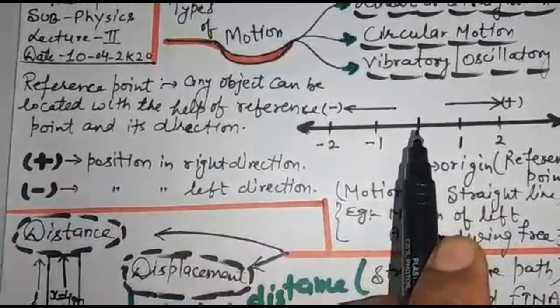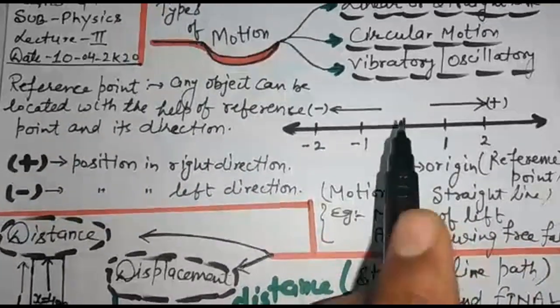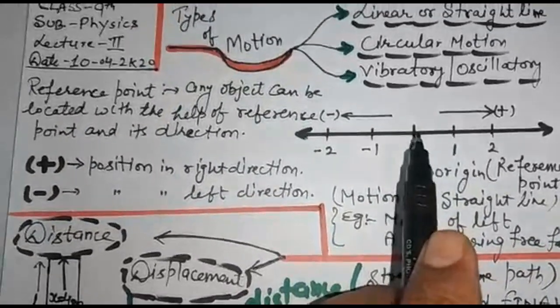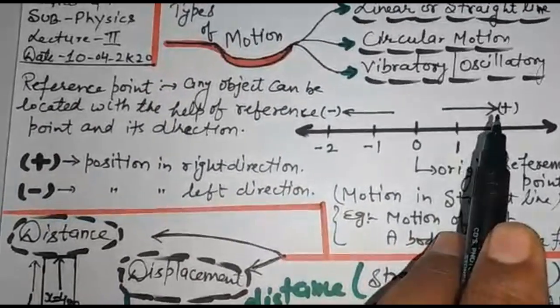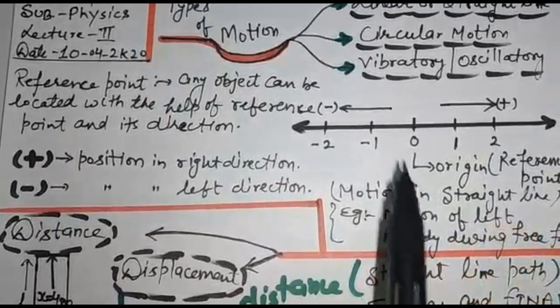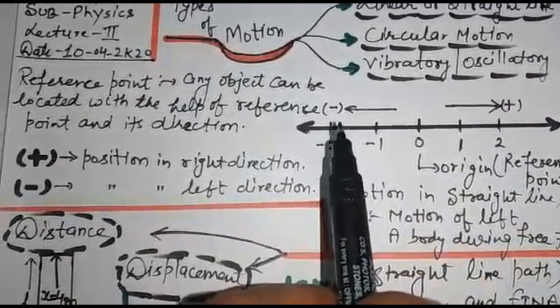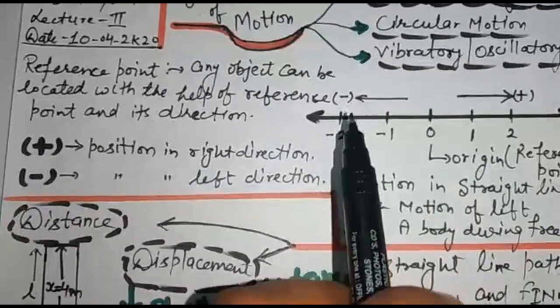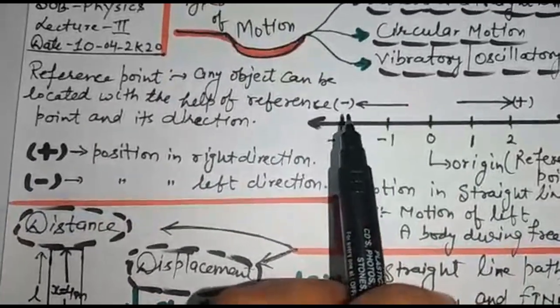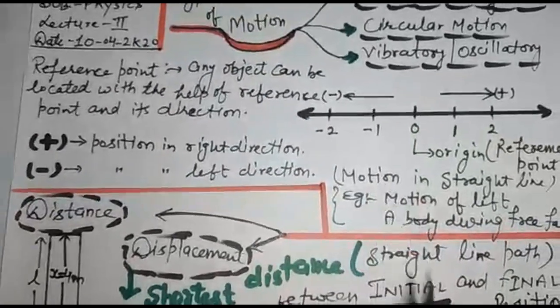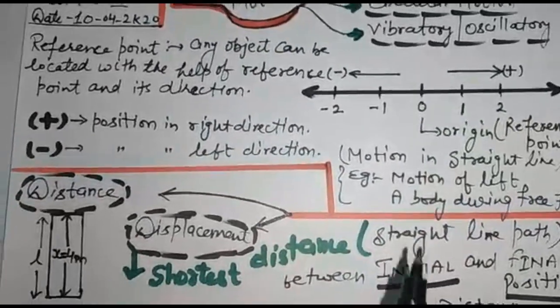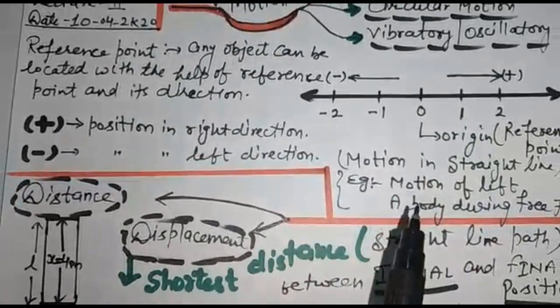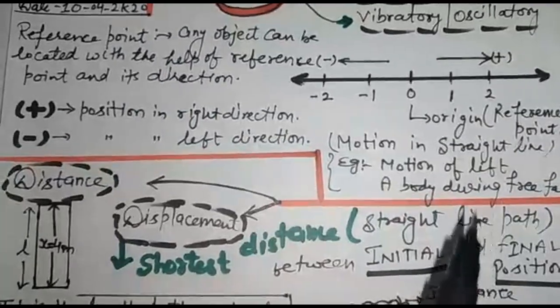I take it as my reference point, and if the body moves in the right direction, its position will be in the positive direction, and if it moves in the left direction, it can be easily mentioned with the help of a negative sign. So for straight line motion, we can consider the motion of the lift and the already discussed freely falling body.